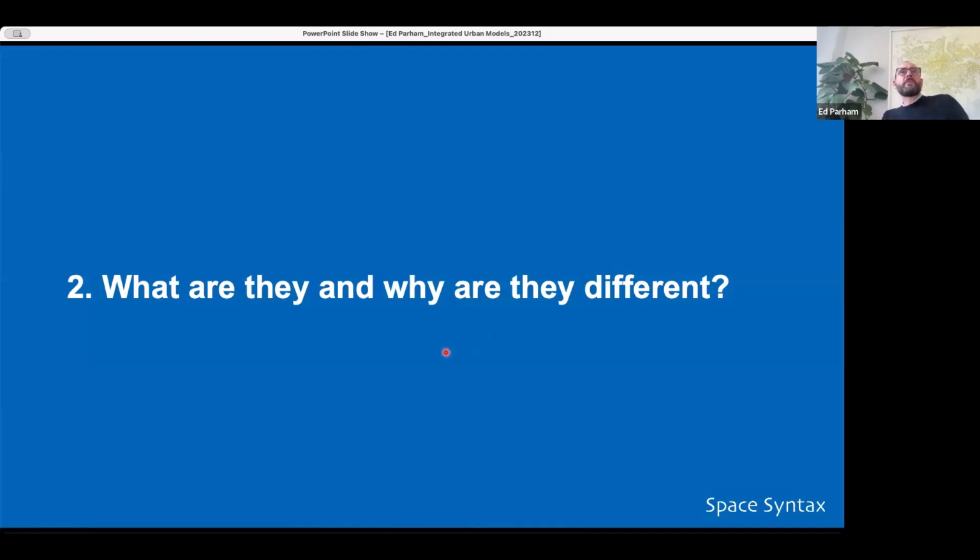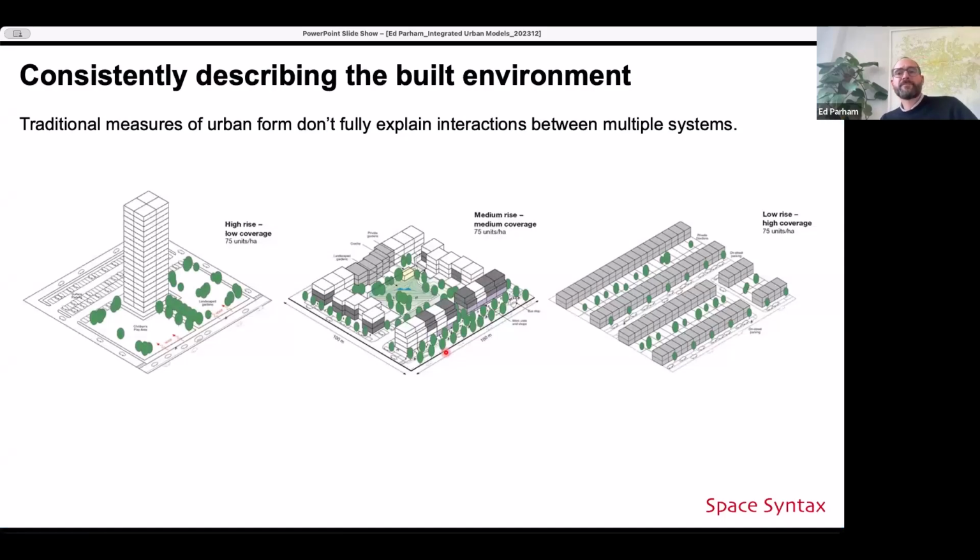So a little bit then about integrated urban models, what they are and why they're different. These are some diagrams that people might have seen before. They come from a document that Richard Rogers put together for the UK government a long time ago now, 20 years ago. It was the Urban Task Force. And what they were talking about was the benefit of higher density.